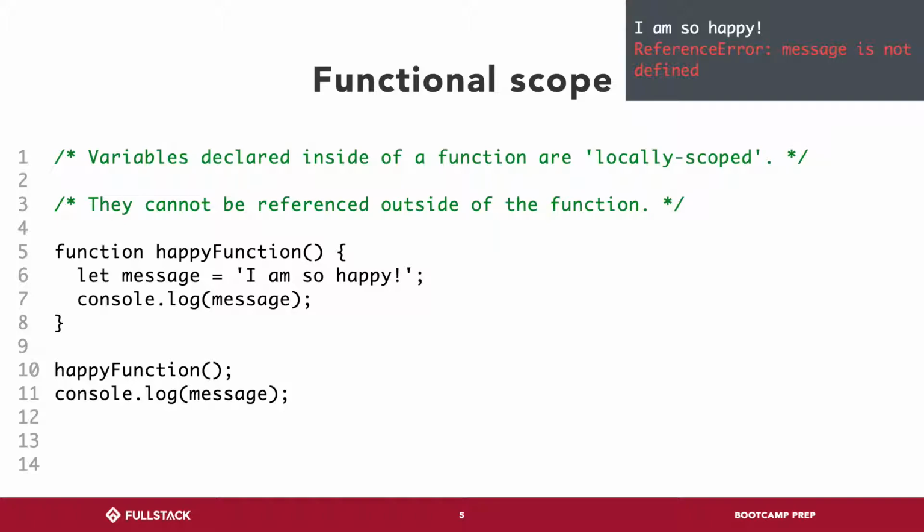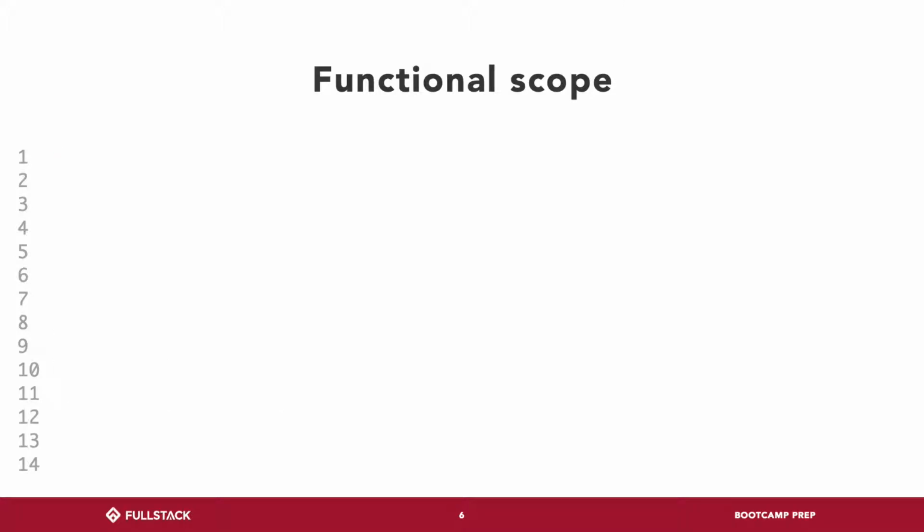But now you've crashed your program because there's not even a declaration like let message. So that's why you get this message is not defined error. But within the function, we're all good because that variable is scoped within that function. So that's called functional scope.